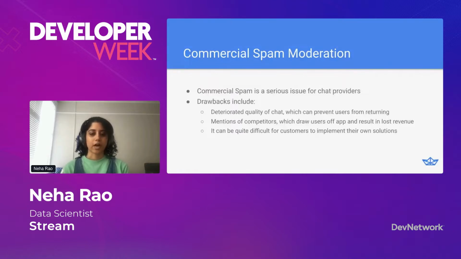Two very common solutions we've seen our customers try are regexes, where people look for phrases like buy, click, or for emails, phone numbers, and mentions of WhatsApp, Venmo, Cash App, that sort of thing. Or our customers will look for users that have seemingly supernatural volumes of chat messages that normal users should not be able to achieve.